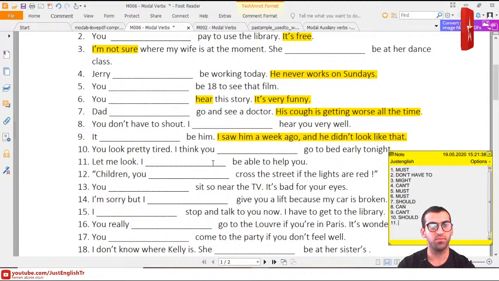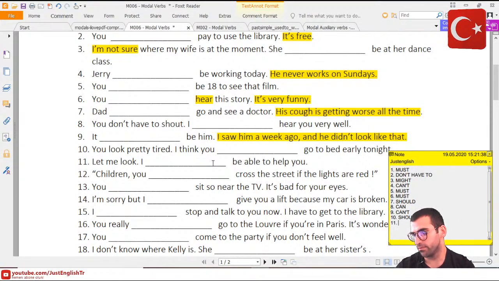11, let me look. Okay, Erik Dalı, she says might.